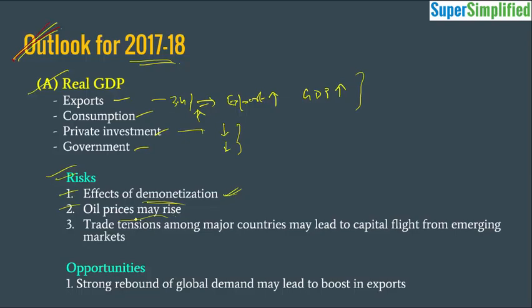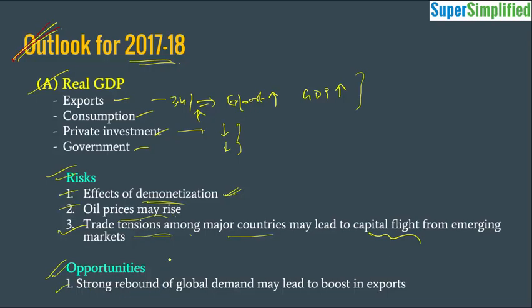So the advantage which India was having because of the low oil prices may go away. And the third thing is that trade tensions among the major countries may lead to capital flight from the emerging markets including India, right? And India's export opportunities may get narrowed down. That is also one risk. And what are the opportunities?